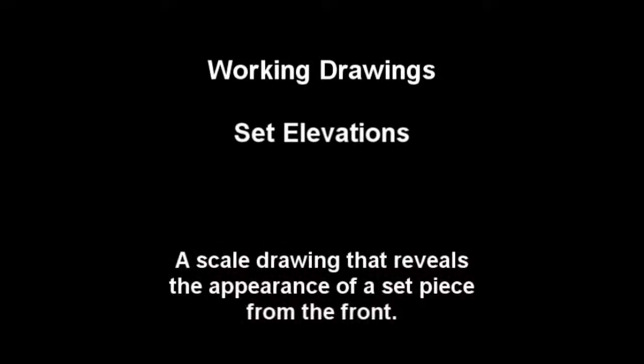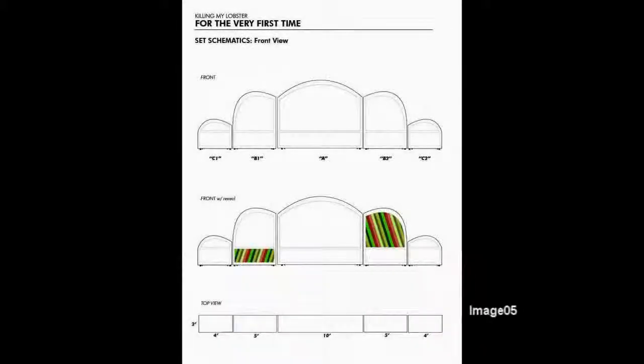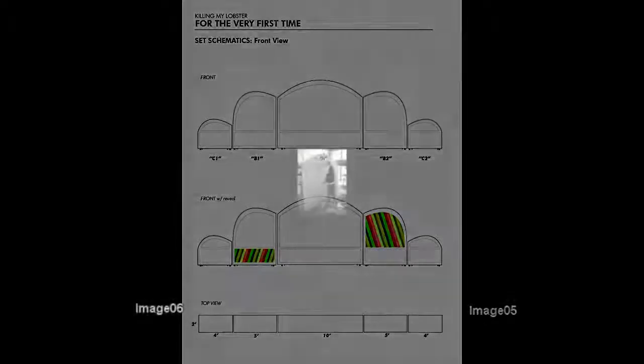A scale drawing that illustrates what a set will look like from the front is referred to as a front elevation. The front elevation is a drawing of a set piece to be used on the set that shows where particular design elements will be located.